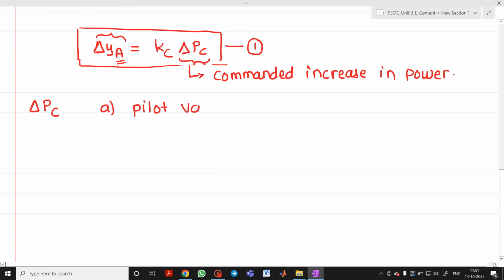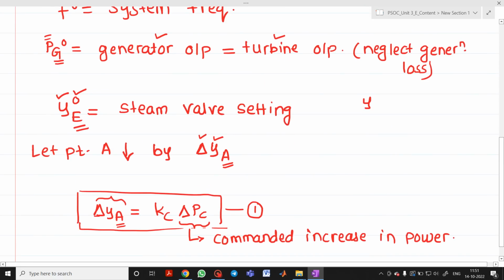First, I will write it here: the pilot valve moves in the upward direction. That is, we can say D moves in the upward direction. Here, what we have taken is that A moves in the downward direction, B moves in the downward direction, C moves in the upward direction, D moves in the downward direction, E will move in the upward direction.